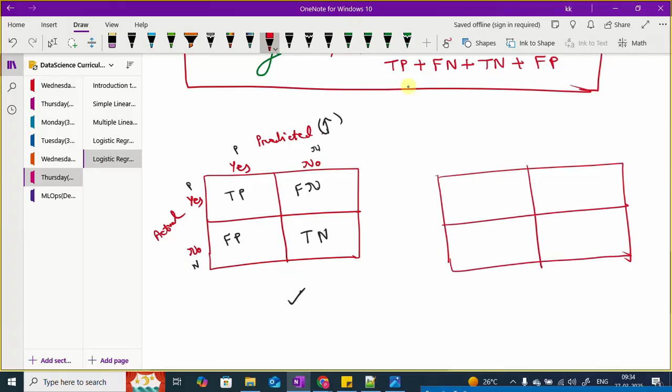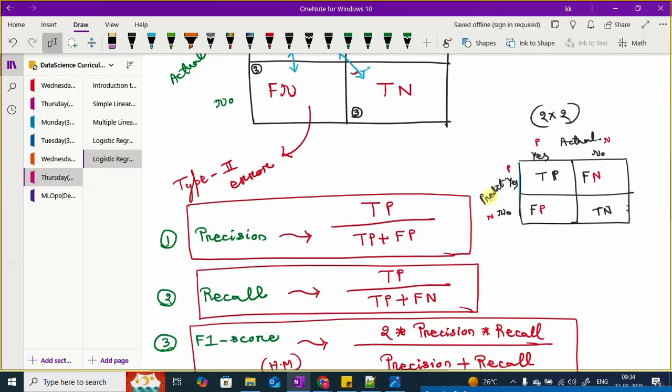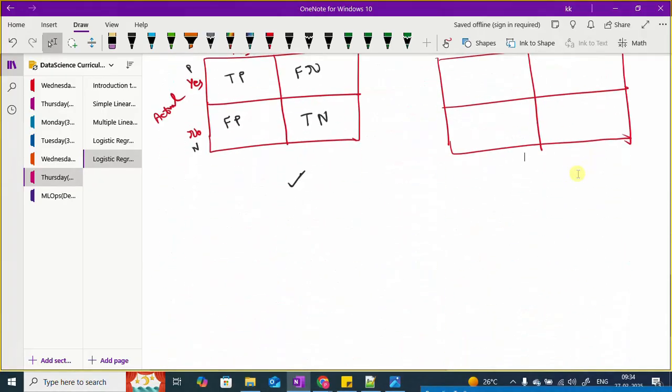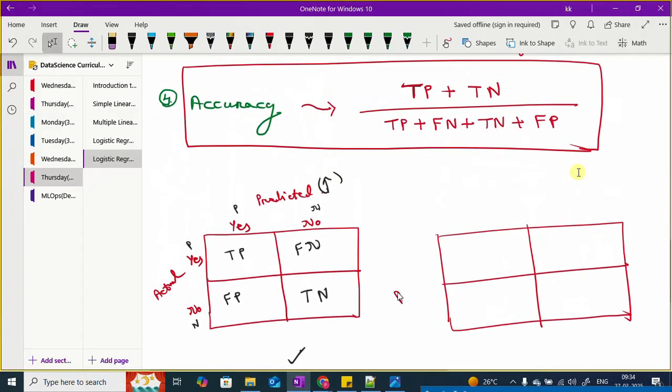Here, what I've taken will also reverse now. Here I've taken predicted, actual, and this is yes, no, yes, no. Now it will be true positive, obviously.